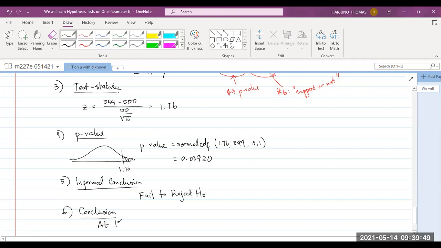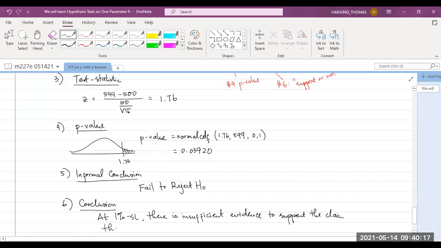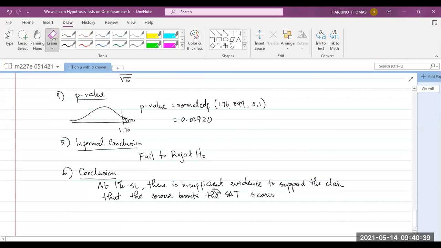So at 1% significance level, there is insufficient evidence to support the claim that the course boosts the SAT scores. I don't even have the word the.